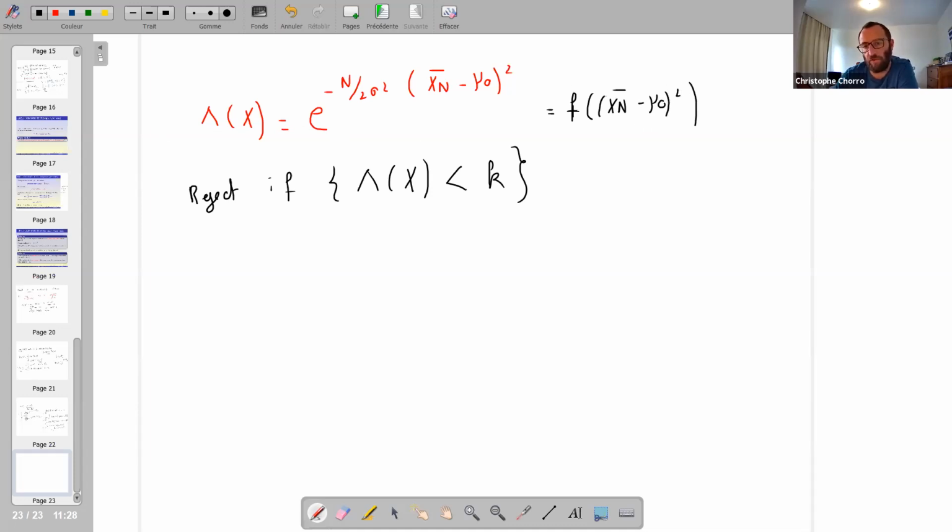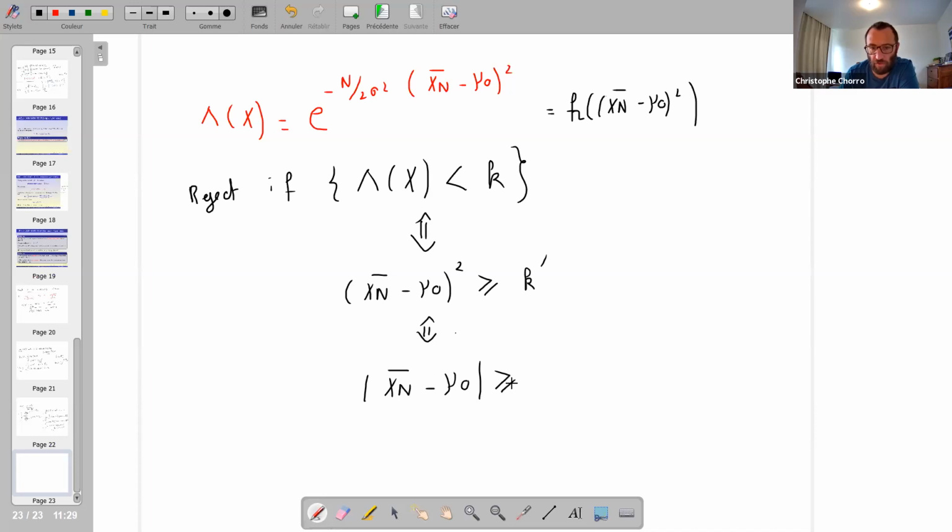This one is a function, let's call it h, where h is strictly decreasing. So I have a negative exponential of this one. So I know that this is equivalent to saying that xn overline minus mu 0 square is greater than a particular level that I can call k prime, which is equivalent to saying that the absolute value of xn overline minus mu 0 is greater than k.